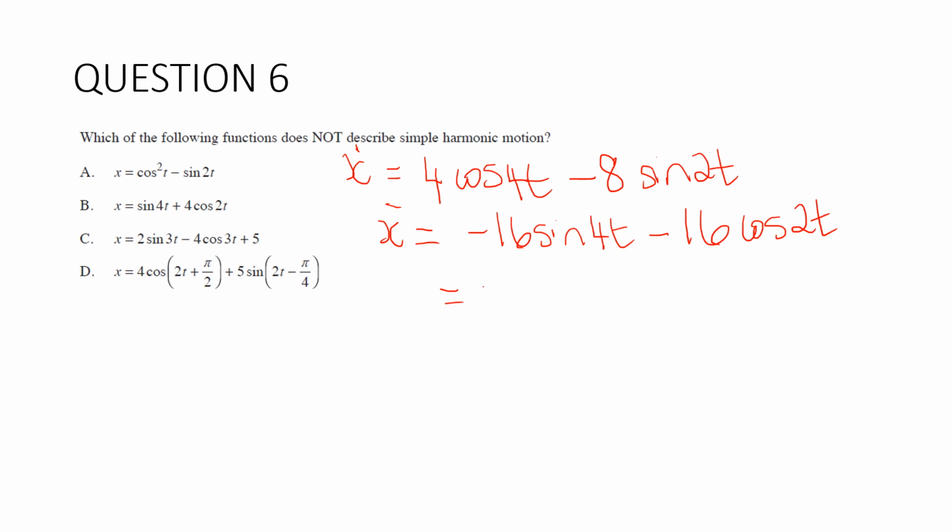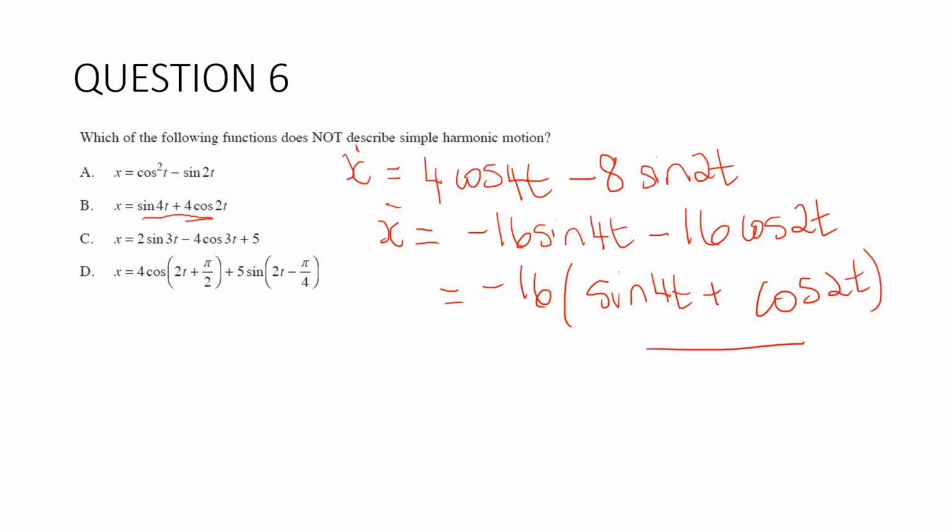Bringing out that -16, we have got sine 4t plus cos 2t. Is that x? Sine 4t plus, no it's not. Look at that 4 there. Okay, so which of the following functions does not describe simple harmonic motion? It is B. If I was actually doing this exam, I'd probably check C and D if I had the time, just to make sure that I haven't made an error. But the answer is B.